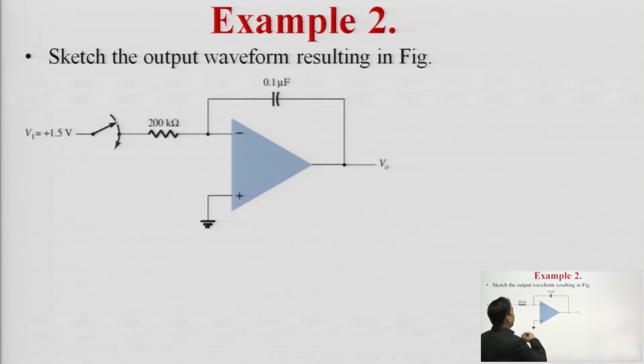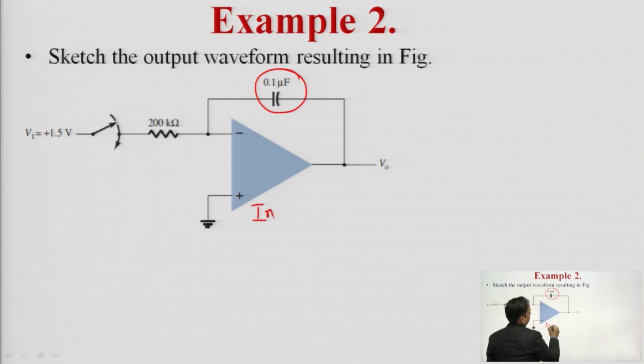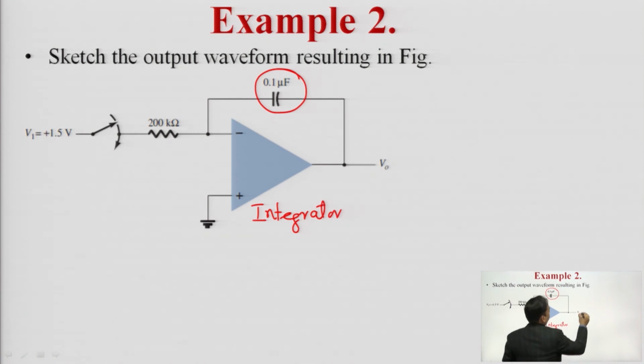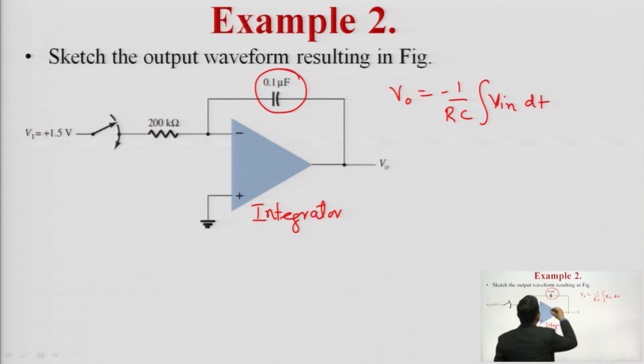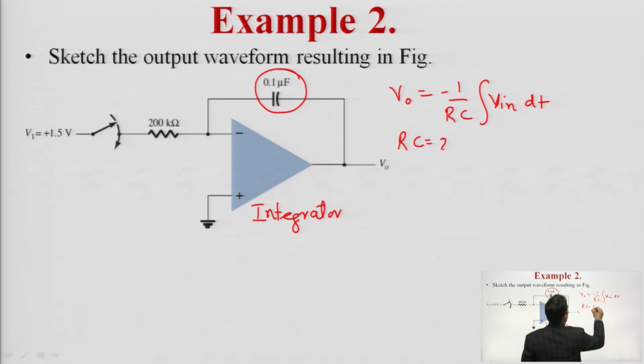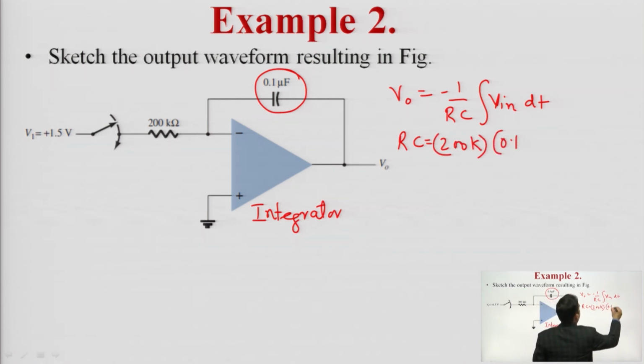Second, we need to sketch. Clearly we can say whenever a capacitor is available in a feedback configuration, it is known as an integrator. For an integrator, we are aware that V output is equal to minus 1 by RC integration of V in dt. RC we are able to calculate. Here R is 200k and C is 0.1 microfarad.